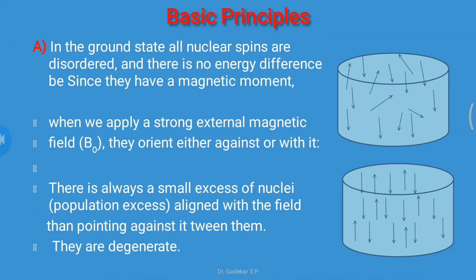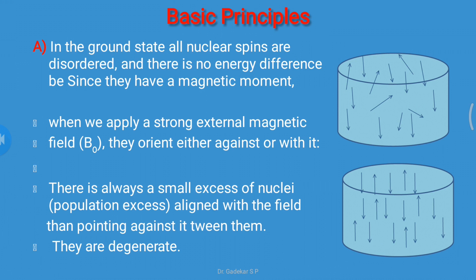There is always a small population excess of nuclei aligned with the field compared to those pointing against it. Without the field, they are degenerate.